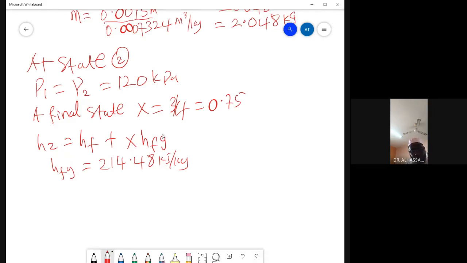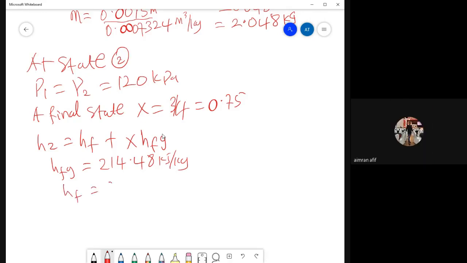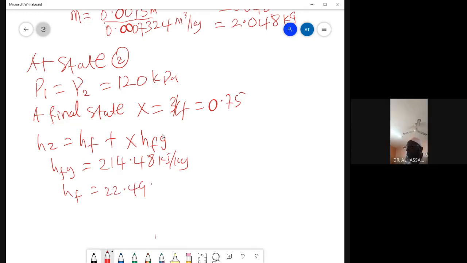All right, then what about hf? 22.49 kilojoules per kilogram.